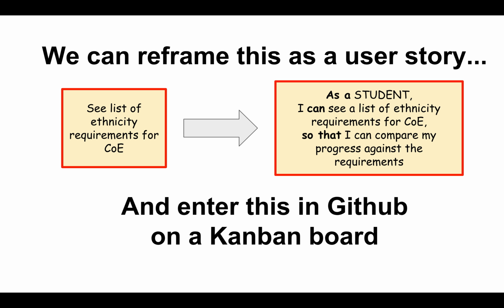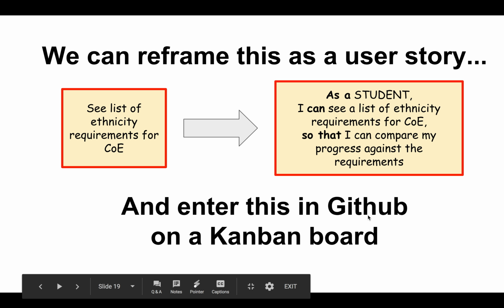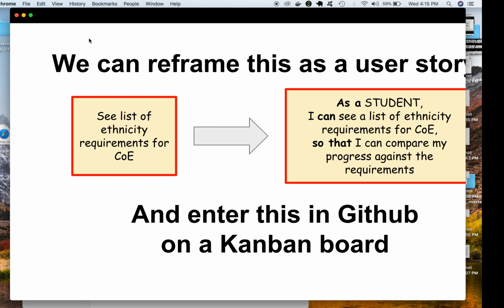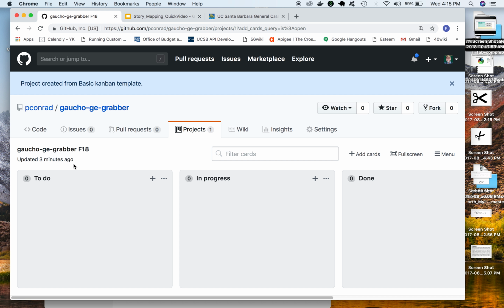Okay, so now that we have this, we're going to enter this in GitHub on a Kanban board. Now, Kanban board, I used that phrase a moment ago. Let's go back over here. This is a Kanban board. A Kanban board is basically any visual or physical representation of work in progress.